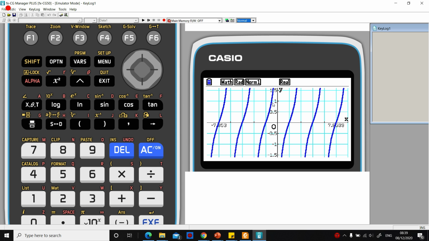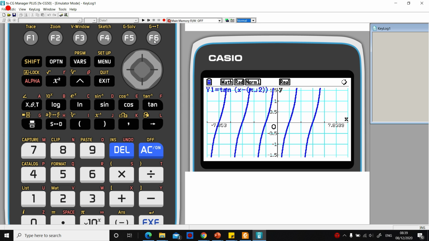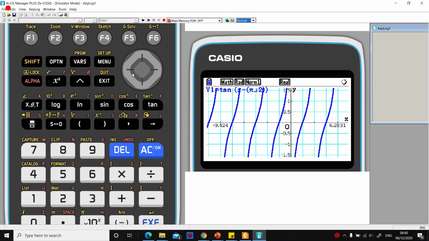Okay, so again, with tan you can always check if it is in the trig window, because we deal with trig. Click trig window just in case. Okay, it is. Exit, redraw the graph. Now, to know where it crosses the x-axis, we do Shift G solve and root, and now you can see the square cursor here, across there.